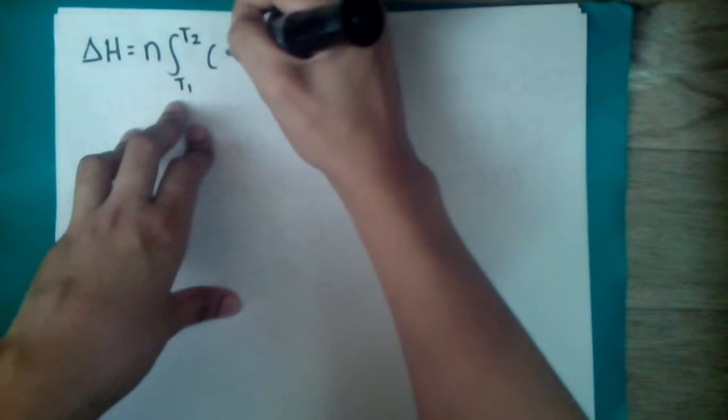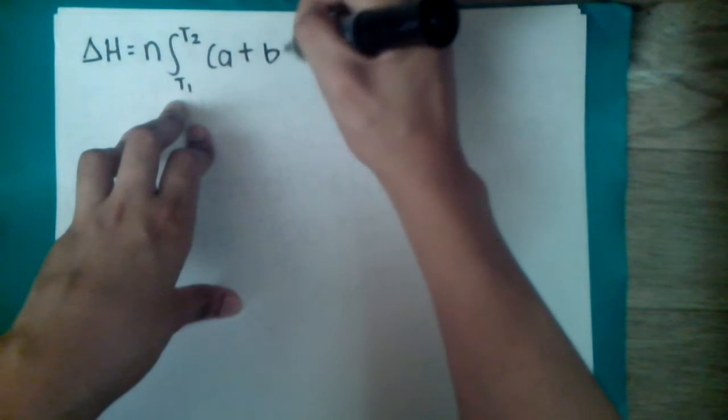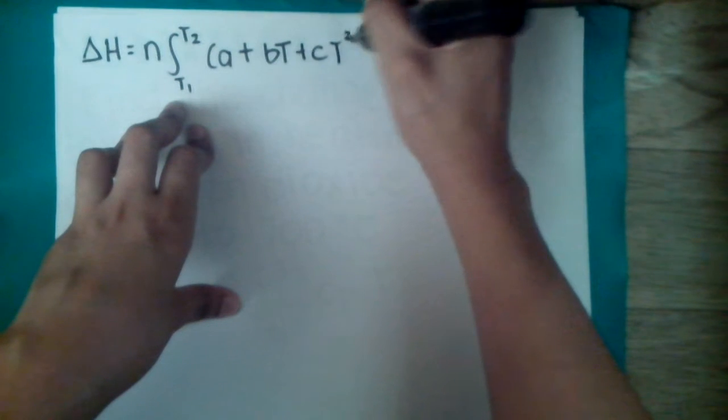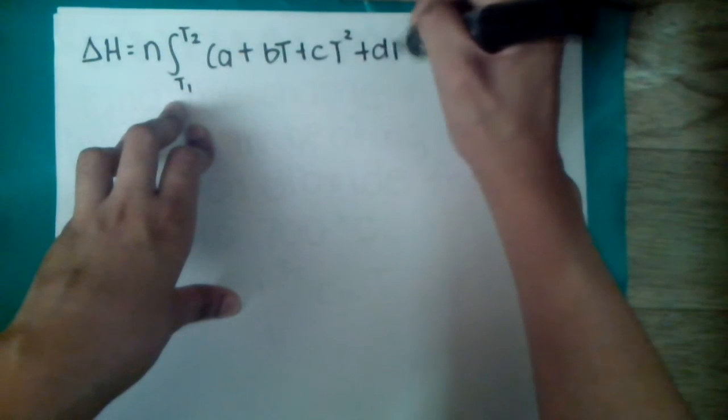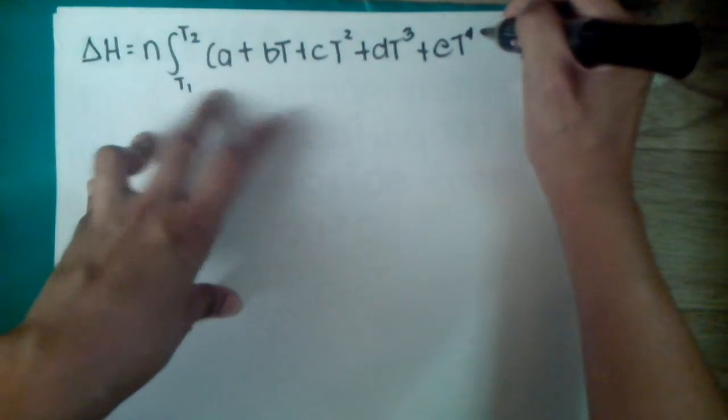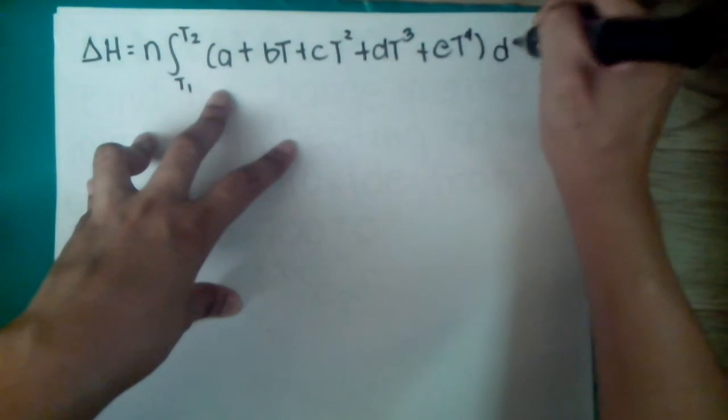Solving for this, with delta H from T1 to T2, our Cp is represented as A plus BT plus CT squared plus DT cubed plus ET to the 4th, dT.